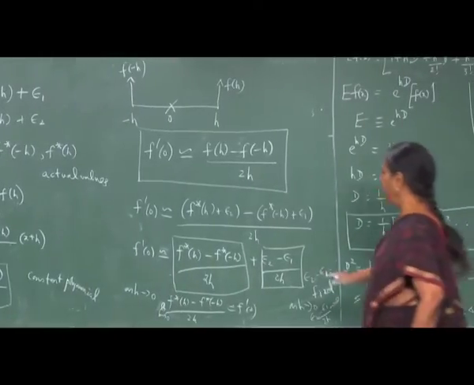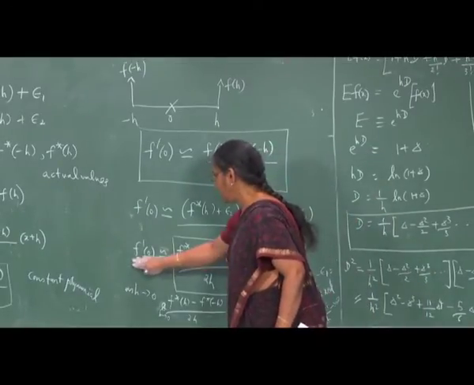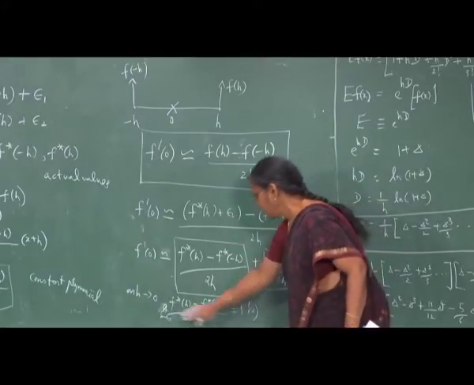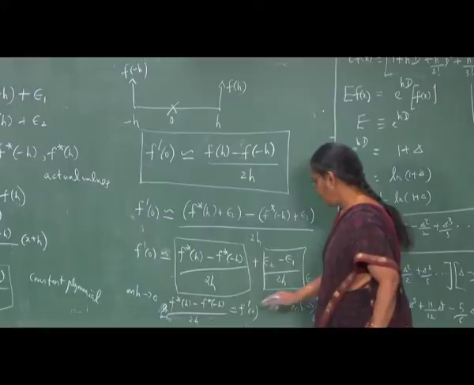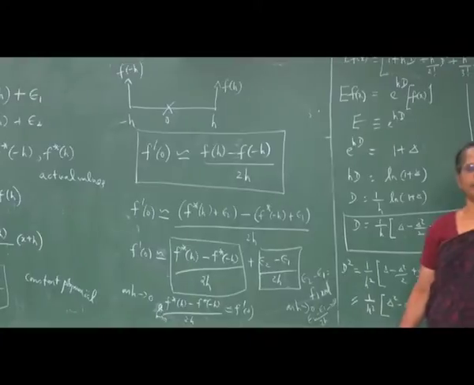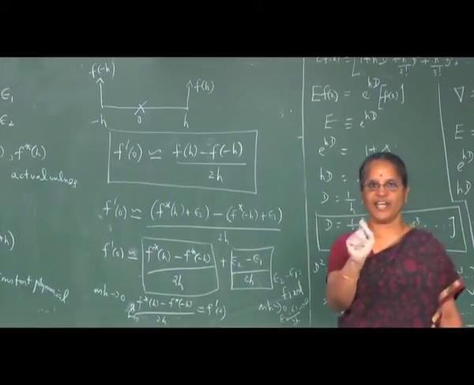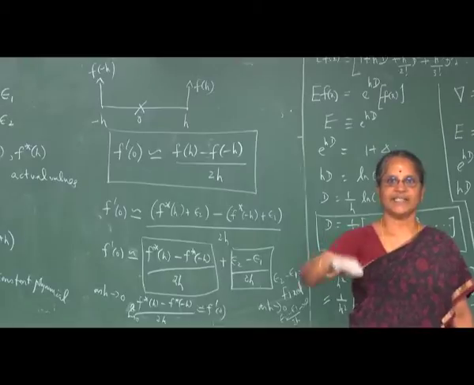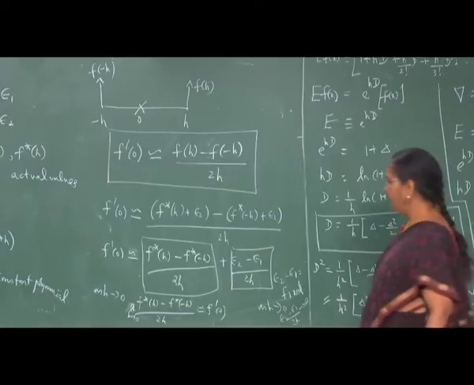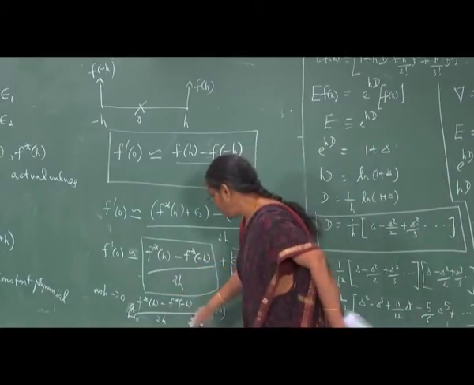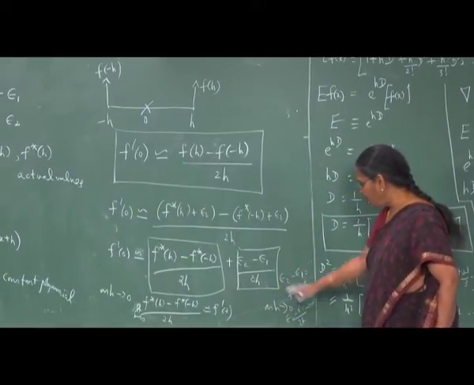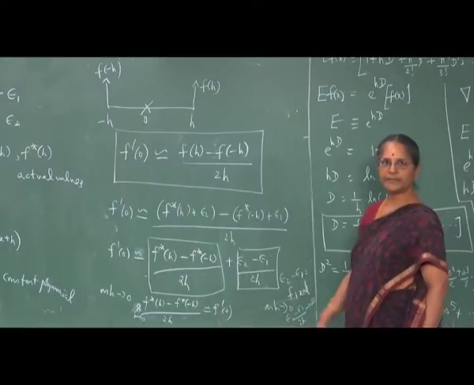So, the estimate of f dash of 0 is such that as h tends to 0, the first term gives f dash of 0, but the second term goes to infinity as h tends to 0. So, for small values of h, when you take the information at a set of points and take your h to be very, very small, then the first term does give you f dash of 0, which is fine, but the second term which occurs due to round off error goes to infinity.